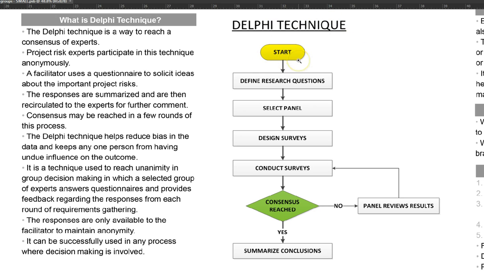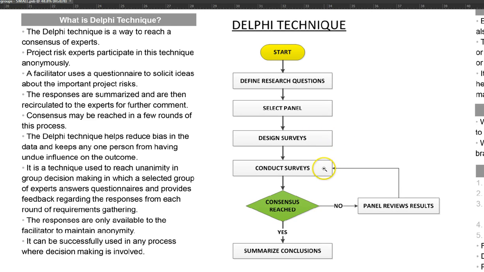This is where the process starts. Then the business analyst or the facilitator or the project manager is going to define the questions, select the panel who's going to be part of this process, and design the surveys which are going to be given out to the experts or the team or whoever is going to be part of the decision making.